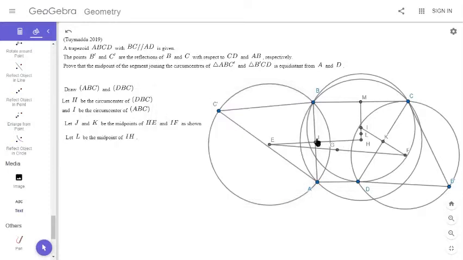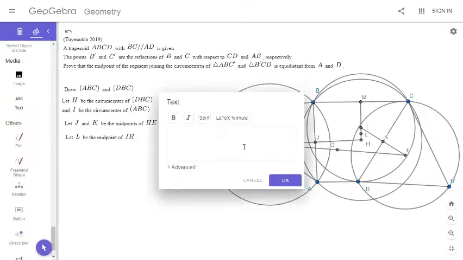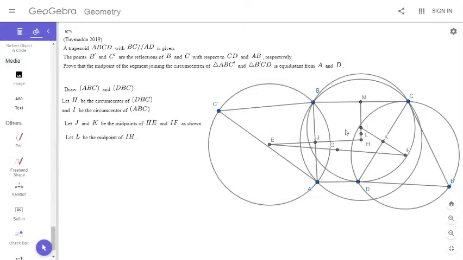And then we claim LJGK is a parallelogram. So I'll just say JL is parallel to IE since it's a mid-segment of HIE. So JL is a mid-segment of HIE and GK is a mid-segment of FIE.